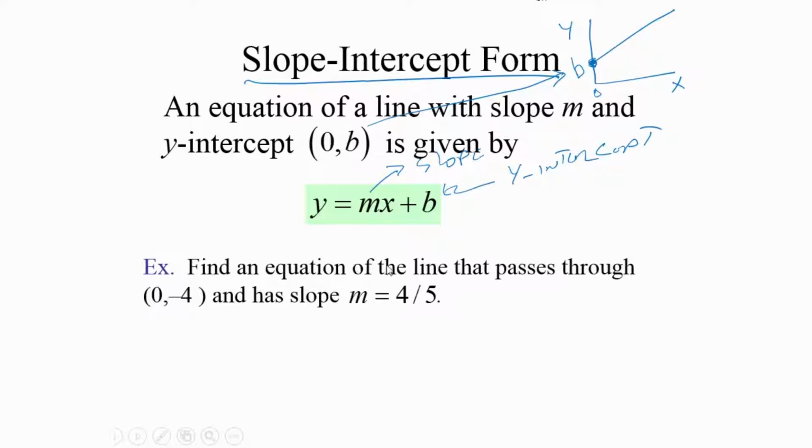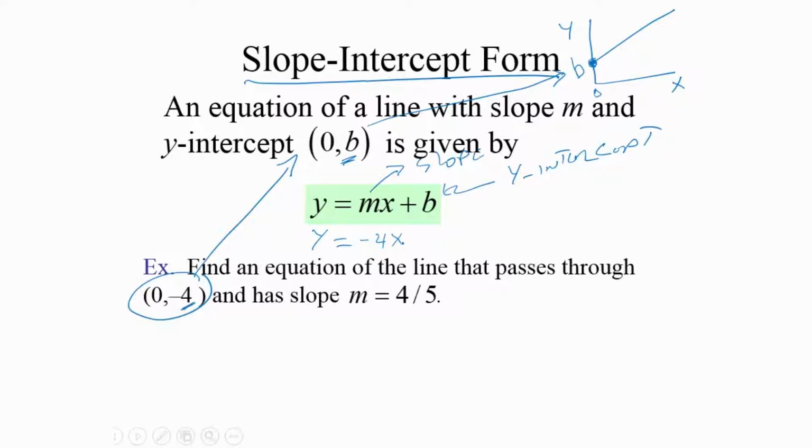Find an equation of the line that passes through the point 0 and minus 4. So 0 and minus 4, that's in this format. So that means b is how much? b is minus 4. And it has a slope of 4/5. Well, easy. So you plug in y equals m x plus b.